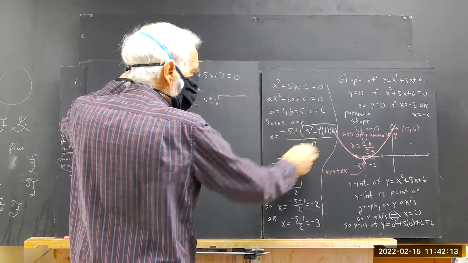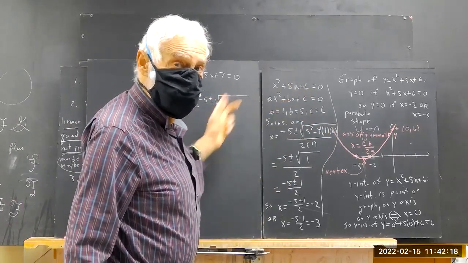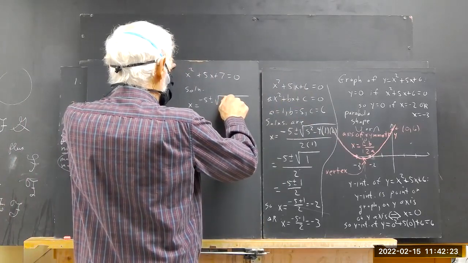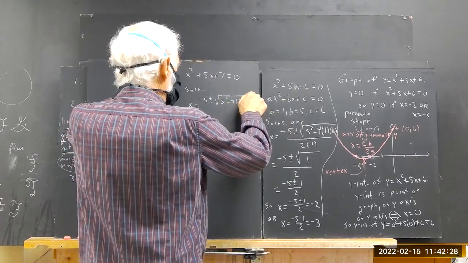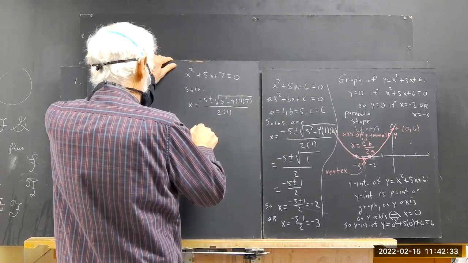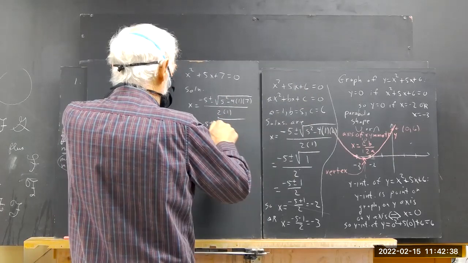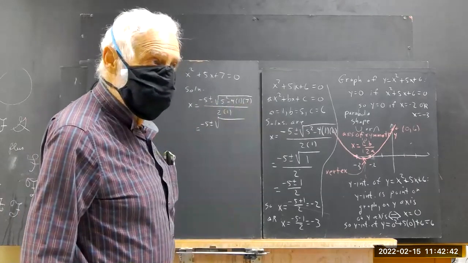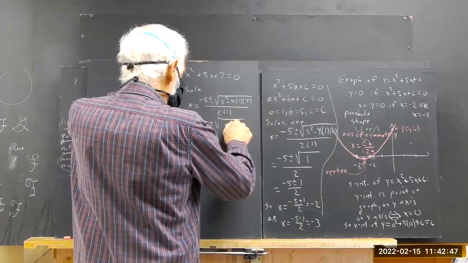It's just like this, except we're going to have a 7 or we have a 6 here, because this equation is the same as this, but I changed the 6 to a 7. Now, this throws you a little bit of a curveball because 4 times 7 is 28. So 5 squared is 25 minus 28 is negative 3.